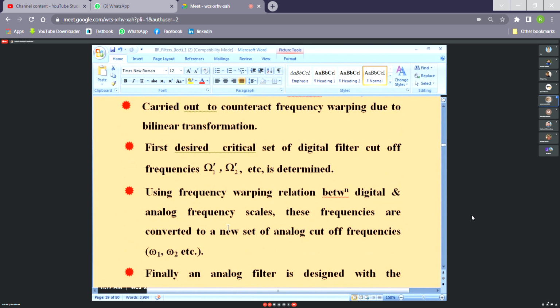So you apply the frequency warping relation to get small omega 1, small omega 2. Capital omega 1 prime is converted to small omega 1, capital omega 2 prime is converted to small omega 2. With this new set of critical frequencies, you obtain the order of the filter, and consequently you obtain the analog filter transfer function. Then you apply the bilinear transformation.